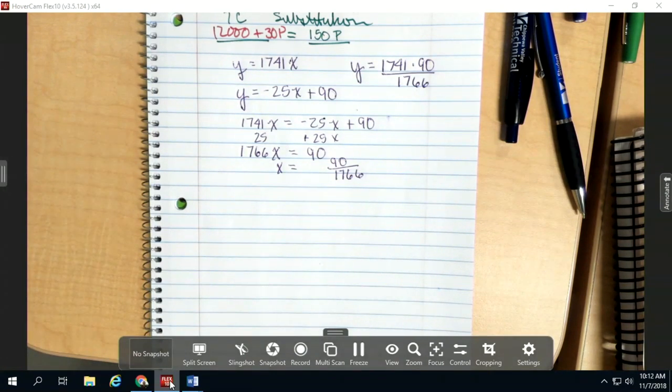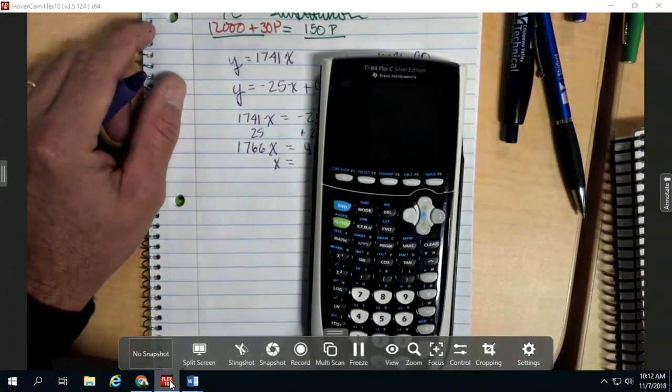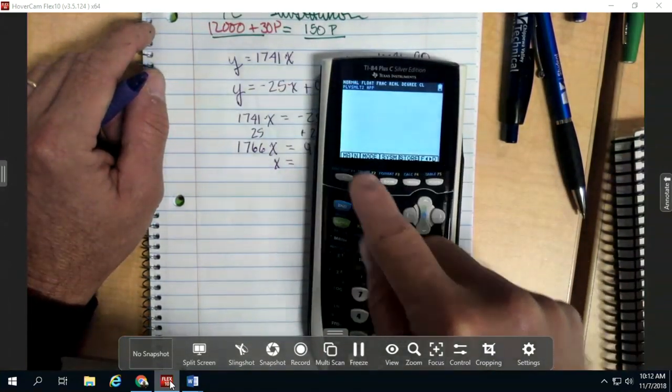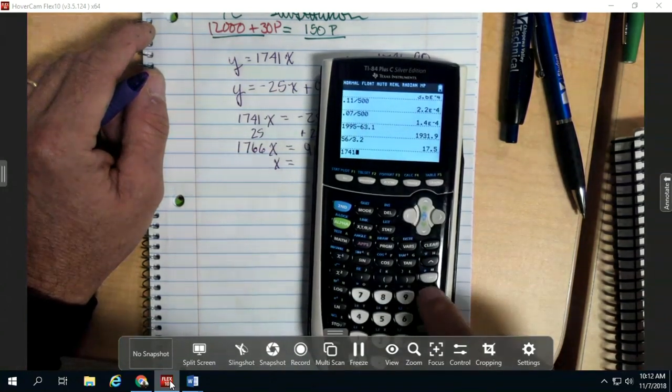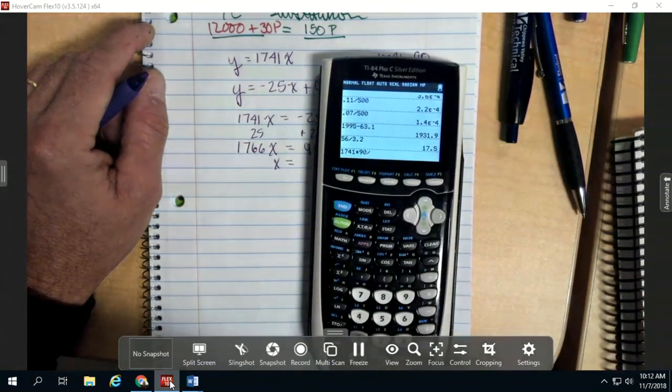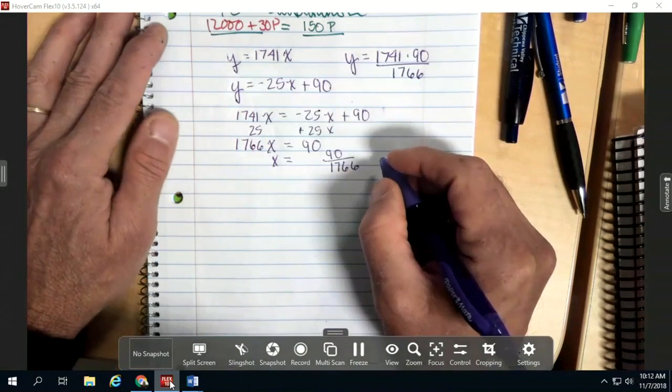I am almost positive that is not a whole number. 1741 times 90 divided by 1766 is 88.25, or so.